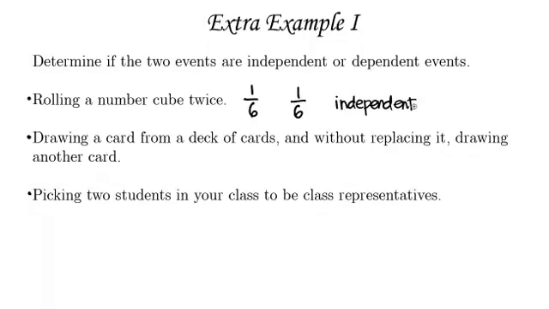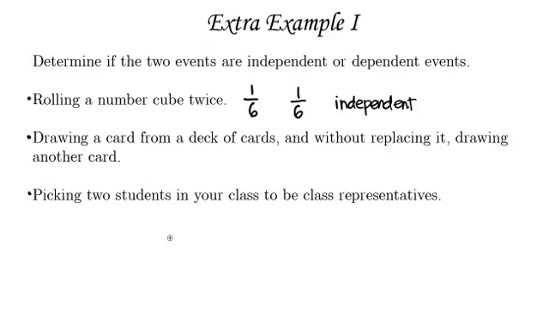Okay, and the second one, drawing a card from a deck of cards and, without replacing it, drawing another card. Now, there are 52 cards in a deck. So if I take a card, my total number of cards is going to be 52.